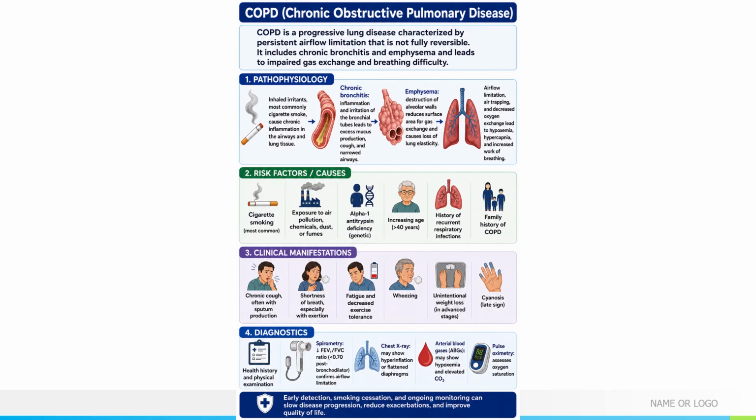So initially, in early stages, dyspnea will occur only with exertion, but eventually patients with severe or end-stage COPD will have shortness of breath at rest. Wheezing: narrowed bronchi create turbulent airflow, so this produces wheezing, particularly during expiration.